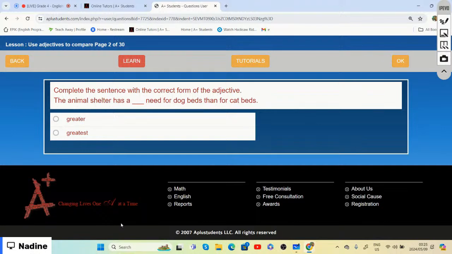Or do they have a greatest need for dog beds than for cat beds?